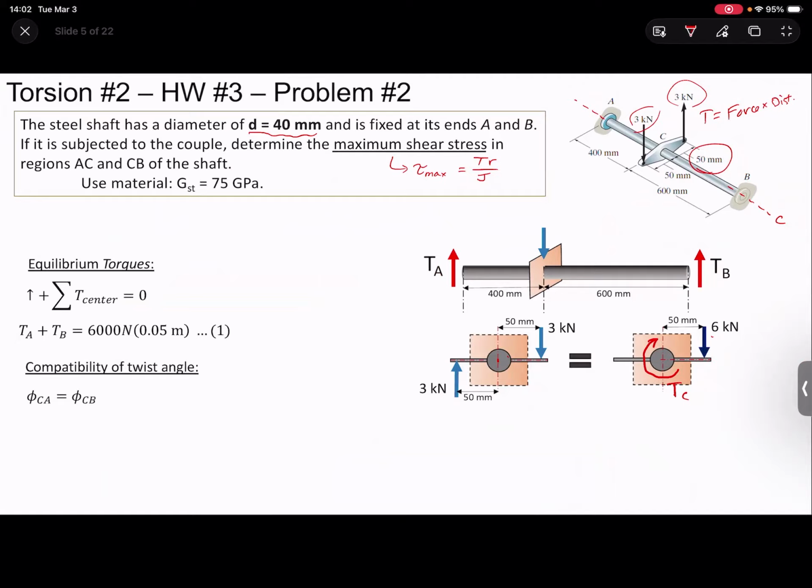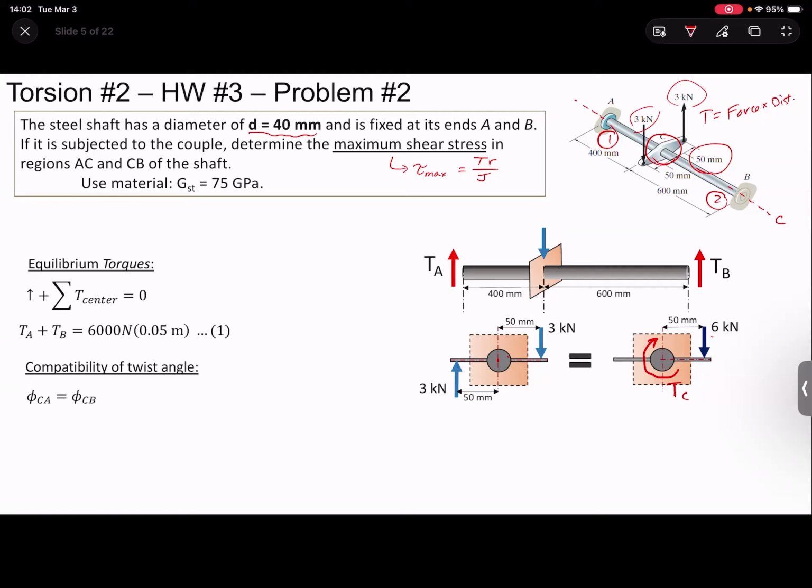So what we do know is at this center point here at C, the twist between C and A in this first section is going to equal the twist between C and B. And why do we know they're going to equal each other? Yeah, they're connected, right?